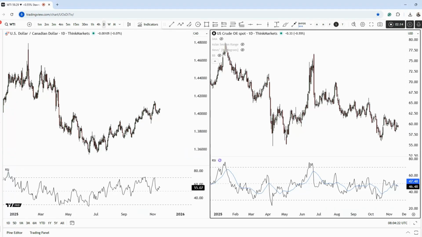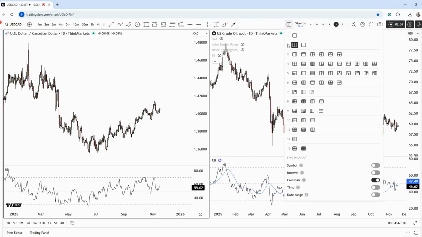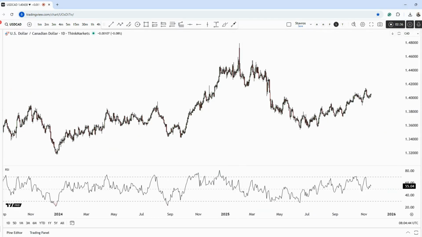Okay, a patient Fed typically supports USD strength because investors can hold dollars and earn a decent carry while waiting for clarity as well, right? So let's just go back to just the singular chart over here, USD CAD.